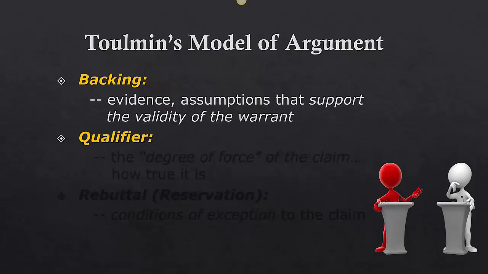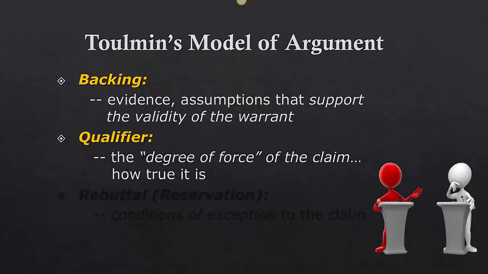The next piece is called a qualifier. Toulmin describes the qualifier of an argument as the degree of force of the claim. In other words, how true it is. Again, we're not arguing in complete black and white, totally true or totally false. In many human arguments, how true we argue a claim is often qualified with some kind of description, somewhere in the continuum between absolutely true and absolutely false.